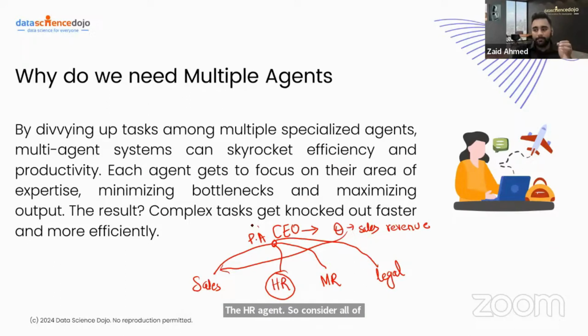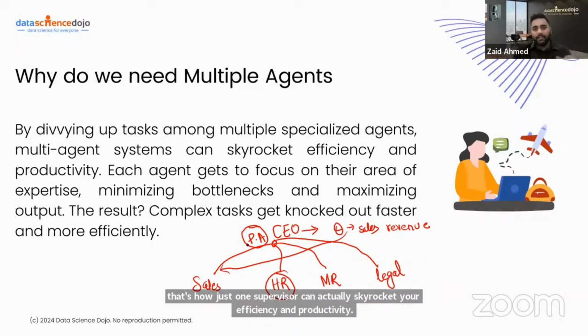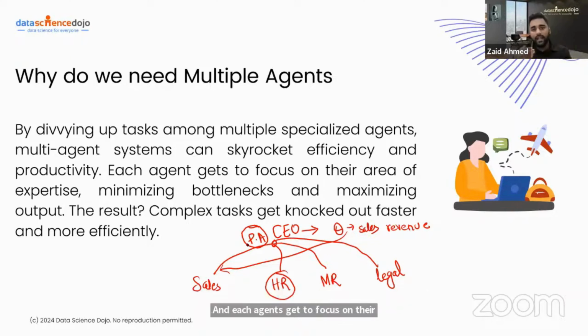This personal assistant would route your specific query towards the domain you're asking the question from. And that's how just one supervisor can skyrocket your efficiency and productivity, and each agent gets to focus on their area of expertise, which helps in minimizing bottlenecks and maximizing output.